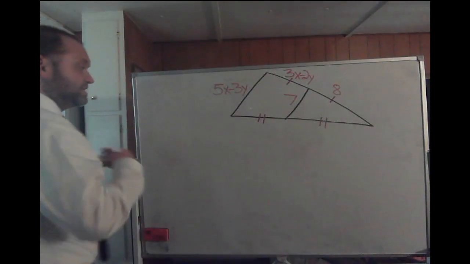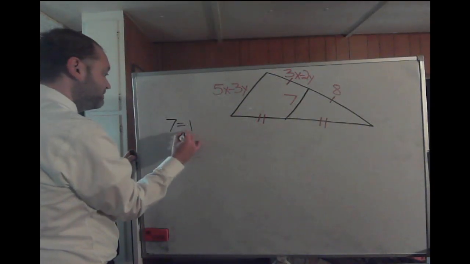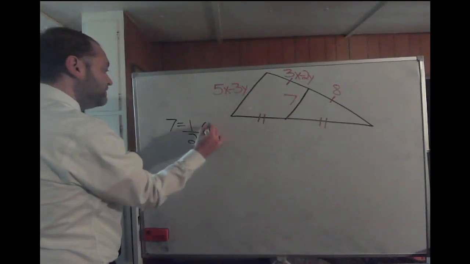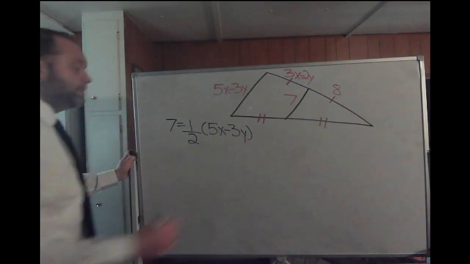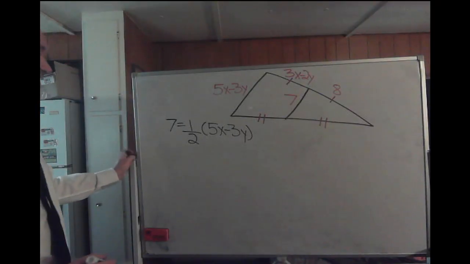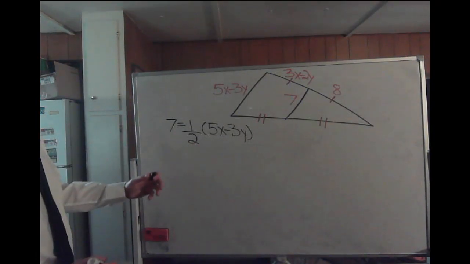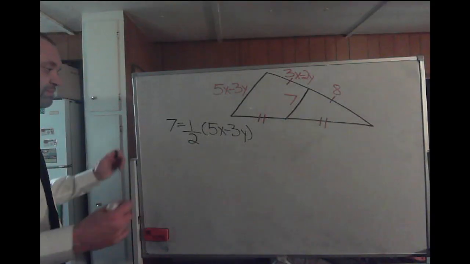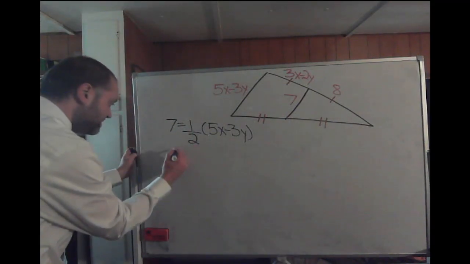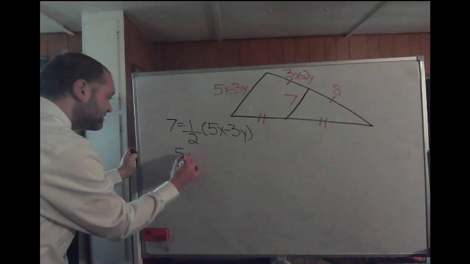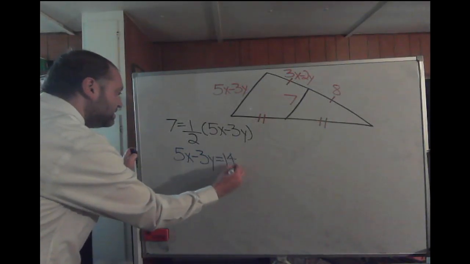What that means is that the 7 would be equal to half of the 5x minus 3y, right? That's not so pretty to deal with when you have a fraction, is it? Wouldn't it be easier if we just multiplied both sides by 2? Sure it would. If we did that, you would just simply get the fact that 5x minus 3y equals 14.